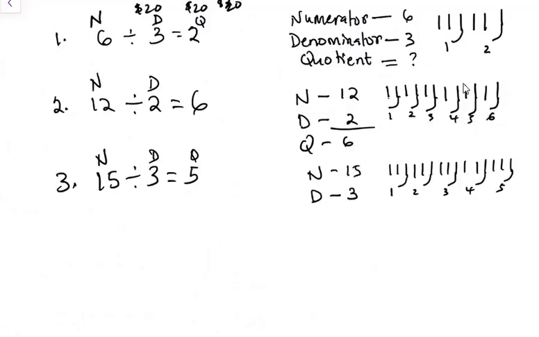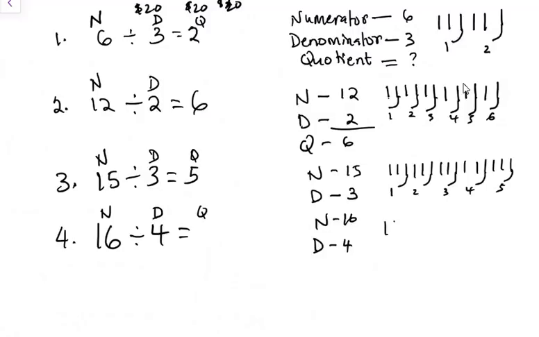Then the fourth example, we have 16 divided by 4. Again, we want to ask, 16 will be our numerator, 4 will be the denominator, and what will be our quotient? So we have the numerator as 16, denominator is 4.